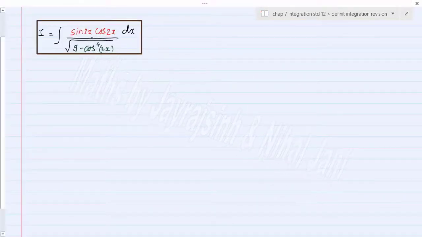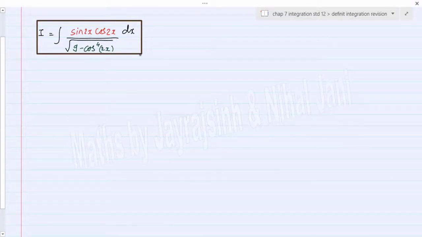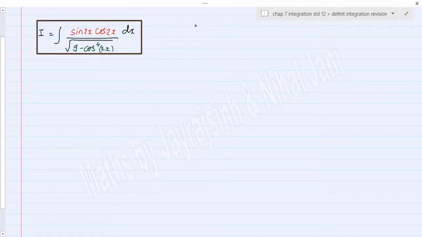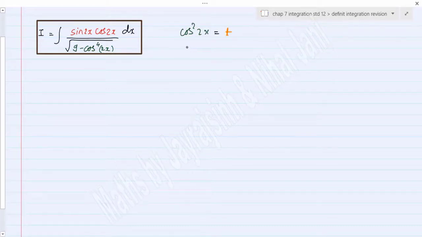In this question, we have to integrate sine 2x into cos 2x upon under root of 9 minus cos 2x raised to 4. So, it's preferable that we should assume cos square 2x is equal to t, because its differentiation is available in the numerator. So, let's differentiate both the sides.